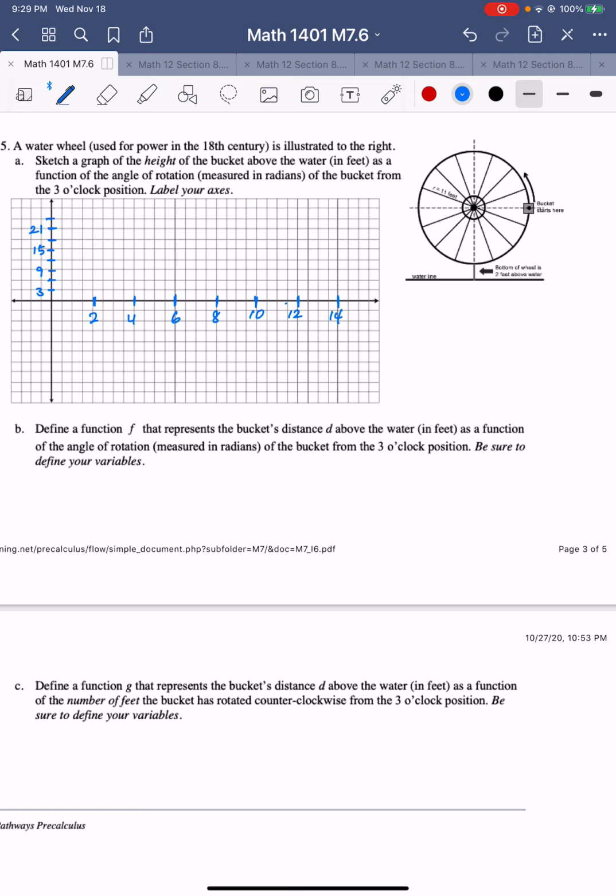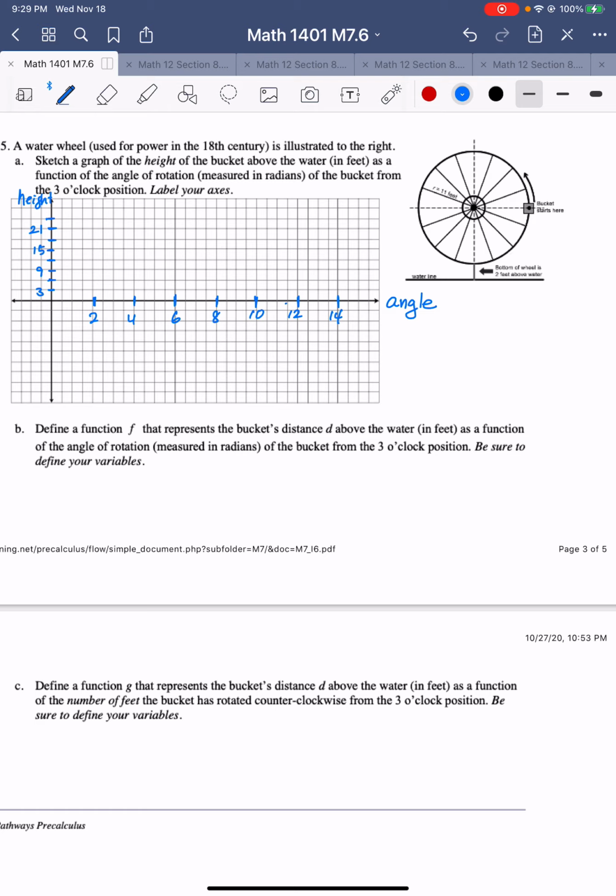Okay, so I think that'll be enough. All right, so now this is going to be the angle, and this is going to be the height of the bucket.